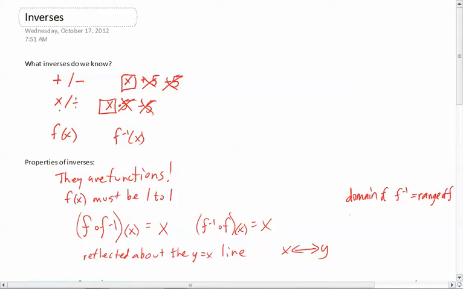The same thing is true if we say the range of f inverse is equal to the domain of the original function, because what used to be the x values of the original function are now the y values. All right, so that's kind of the theory about it. Hopefully that makes a little bit of sense. We'll show you a couple of examples right now.